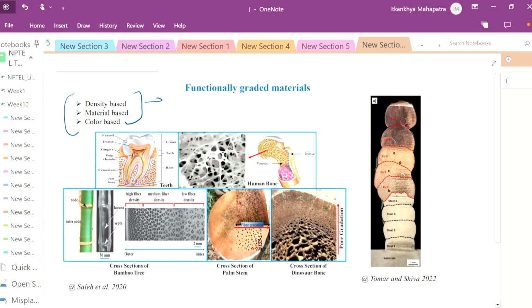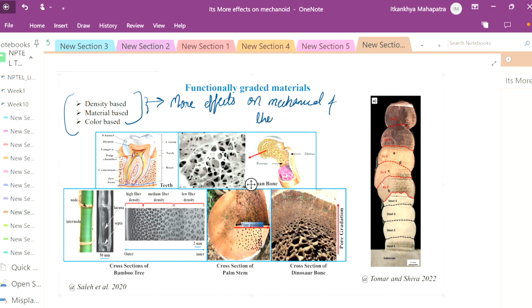Fine, this has this too, but density based or material based has more effect on mechanical processes. Mechanical and thermal, in short we can write physical processes.